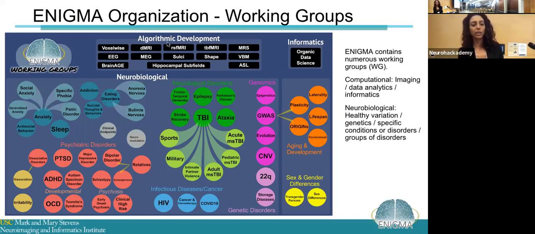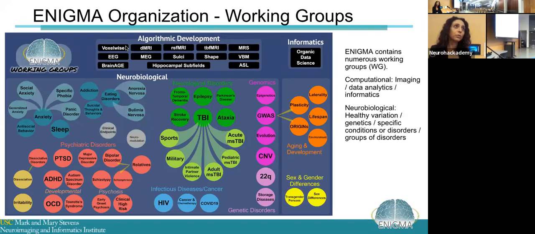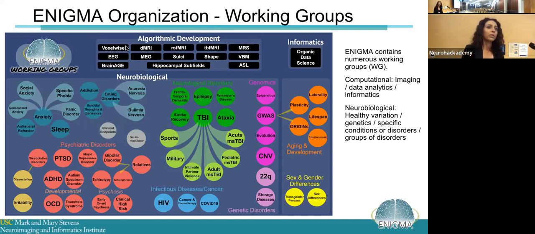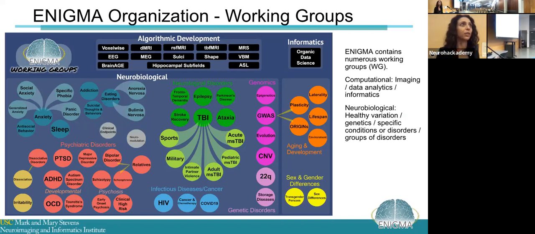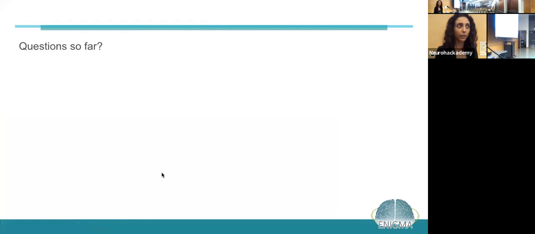So there are groups in Enigma that work on algorithmic development, working on, let's say, diffusion protocols that are able to be reliably run across different data sets and maybe applied to a lot of these disorders and these different conditions. We have a resting state group, task-based fMRI group, and a lot of other groups. So if you're interested in something specifically, let me know, and I can tell you if we have it or not. Any questions so far?